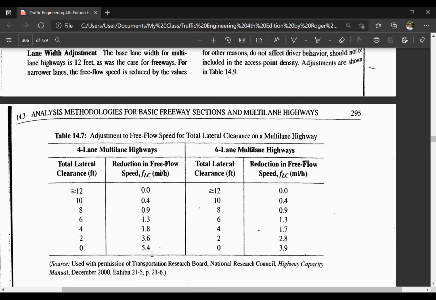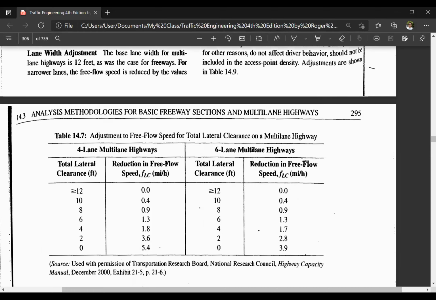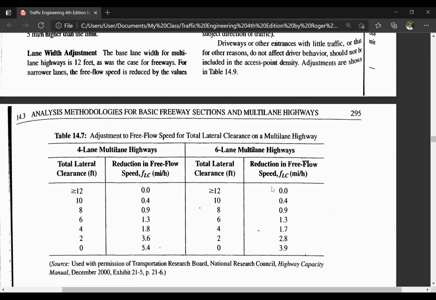So if you see, the 4-lane multi-lane highways definitely has more impact than the 6-lane when the lateral clearances are the same. For example, at 4 is 1.8, right here is 1.7 reduction in miles per hour.